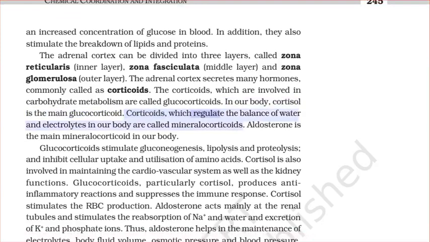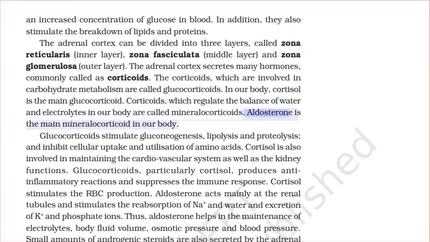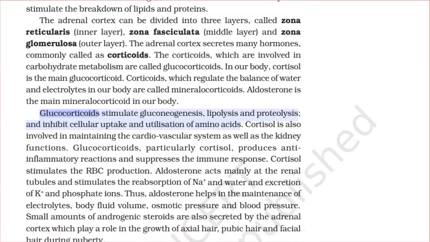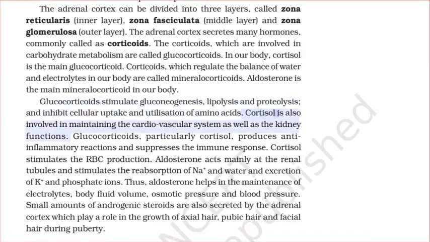Corticoids, which regulate the balance of water and electrolytes in our body, are called mineralocorticoids. Aldosterone is the main mineralocorticoid in our body. Glucocorticoids stimulate gluconeogenesis, lipolysis, and proteolysis, and inhibit cellular uptake and utilization of amino acids. Cortisol is also involved in maintaining the cardiovascular system as well as the kidney functions.